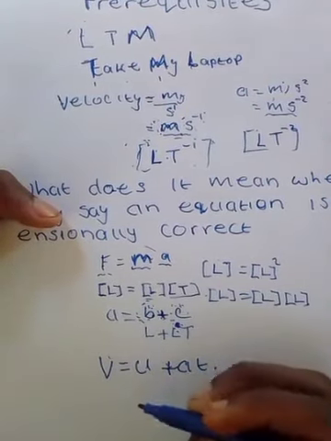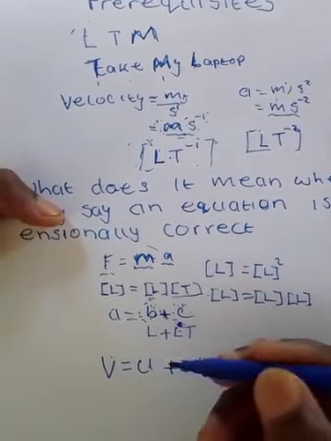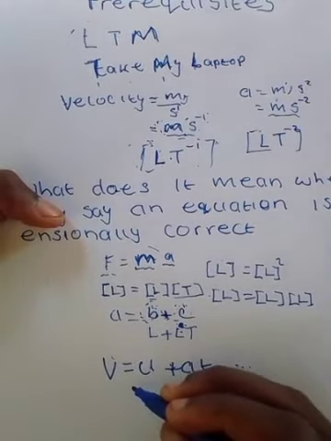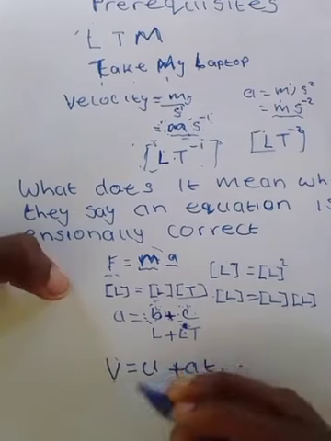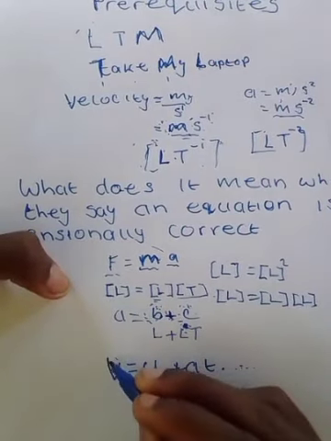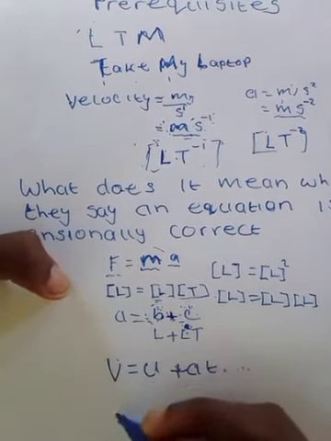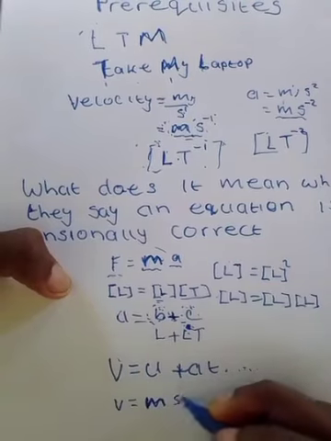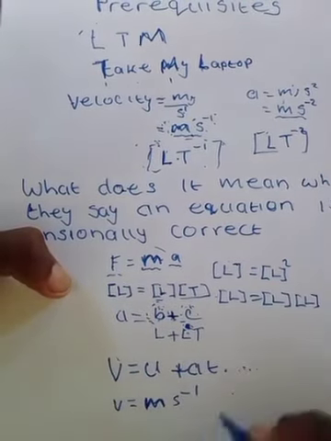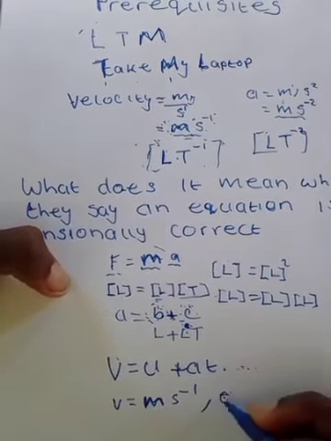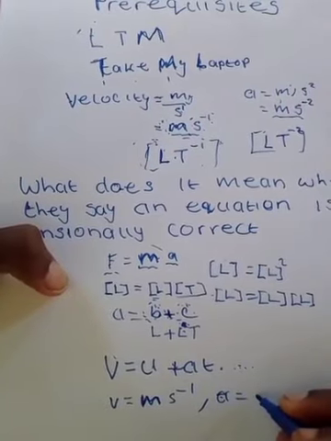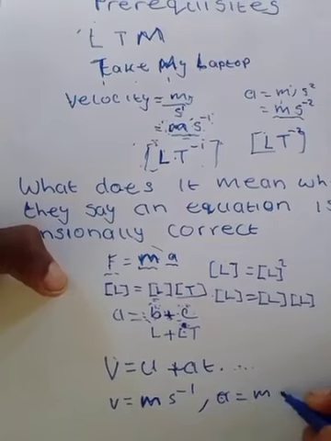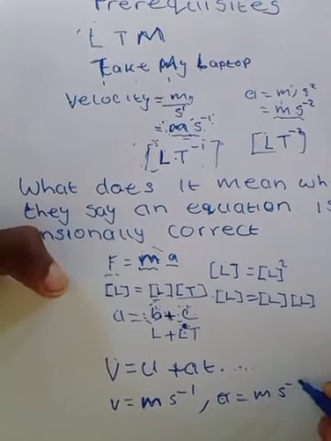Remember, I told you that you need to recall the SI units. You know that this is velocity. Whether the velocity is initial or final, it will still have the SI unit of meters per second, like this. You know that acceleration has the SI unit of meters per second squared, the negative just showing that it is on the denominator.